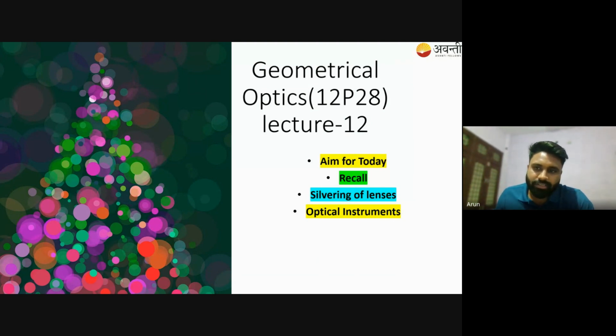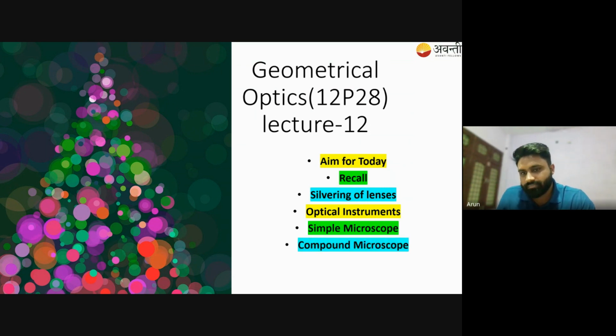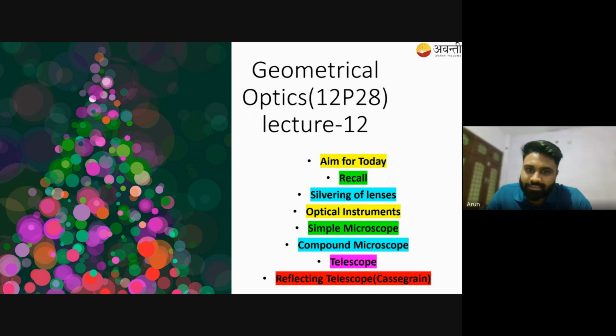In optical instruments, we are focusing on the simple microscope, compound microscope, and the telescope. There is also a special type of telescope, the reflecting telescope, also called Cassegrain. That is all we are going to cover today.